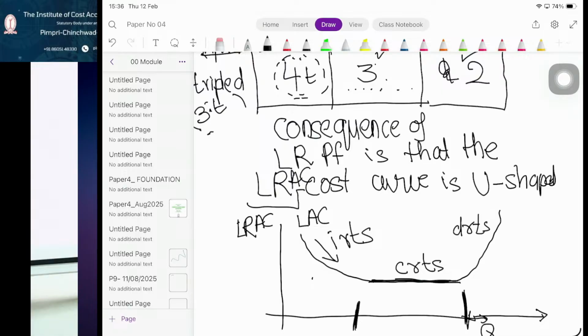Okay, I'm giving you a 5-minute short break, and immediately we will do the short run production theory. So in my computer the time is showing 3:37. I will begin the teaching again at 3:40 exactly, so that we have around 20-25 minutes to do the short run law of production.